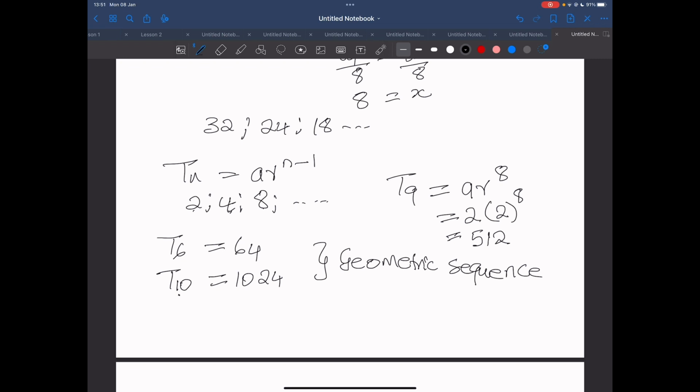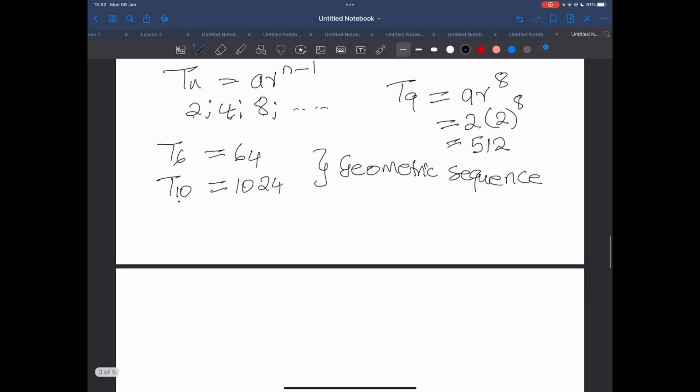So we are going to use our general term for term n. So we have term number 10. We know that term number 10 is AR exponent 9. And term number 6, we know that it's AR exponent 5.